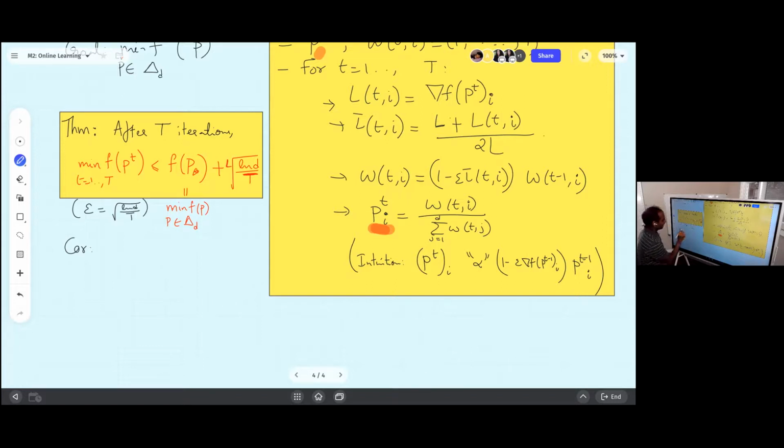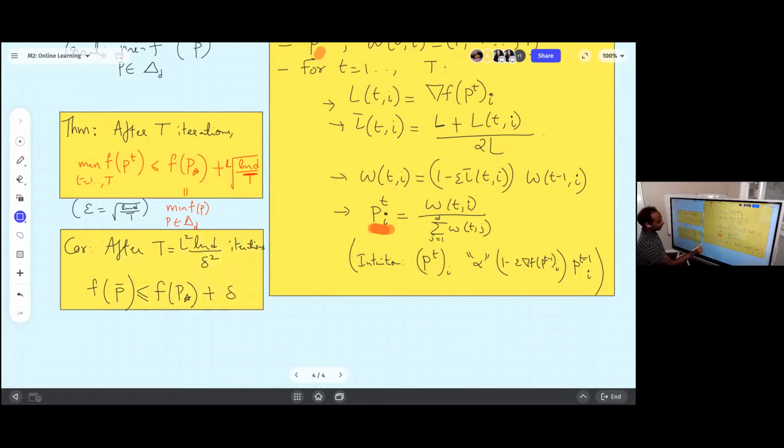And as a corollary, what we get is that after T equals ln d by delta squared iterations, if I run my algorithm for something like L squared times logarithm in d over delta squared iterations, then I can find a point, let's say p bar, whose value is delta close to the least possible value of the function on the simplex. So we're getting very close to the minimum value, up to delta.